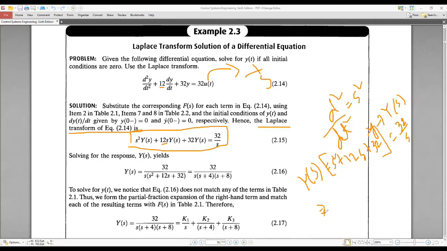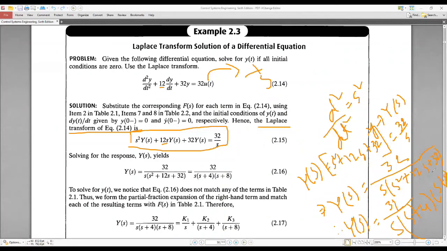So Y(s) would be 32 divided by s into (s squared plus 12s plus 32). Finally, you can do the middle term factor: 4 into 8, so s into (s plus 4) into (s plus 8).